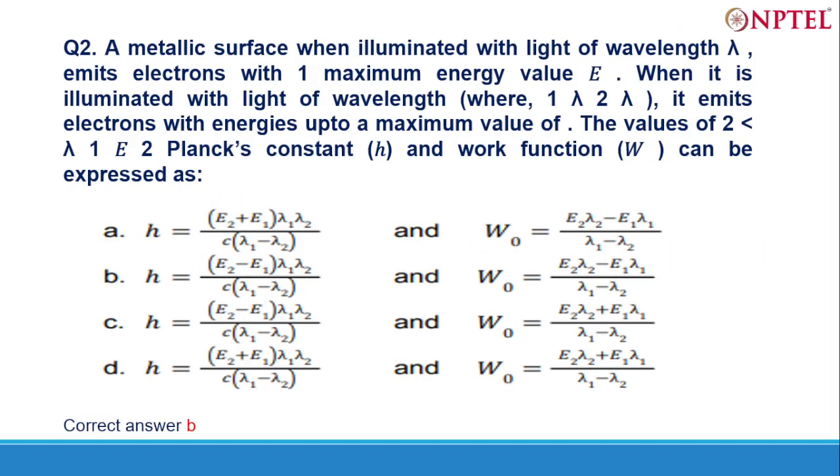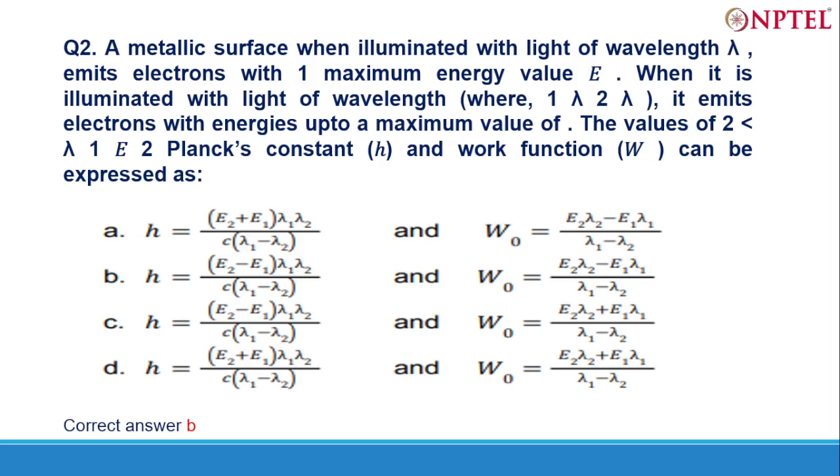So I think you guys must have understood this question. The question says a metallic surface when illuminated with light of wavelength lambda 1 emits electrons with maximum energy E1.